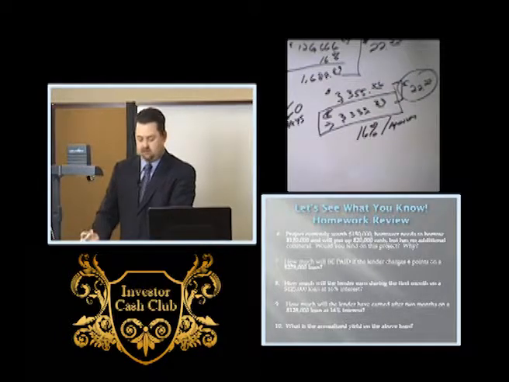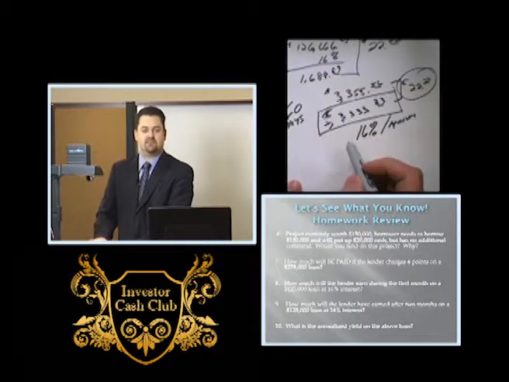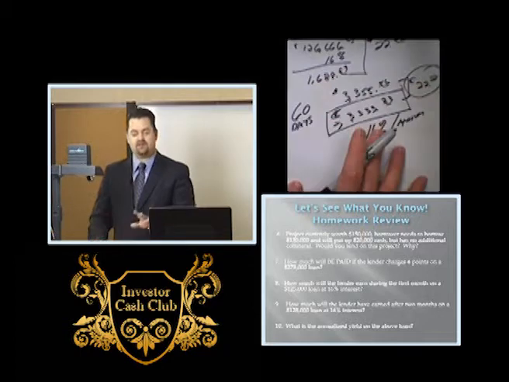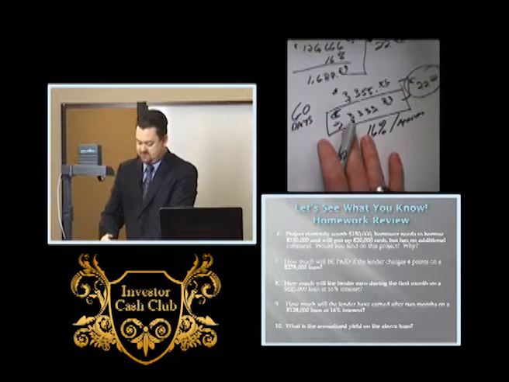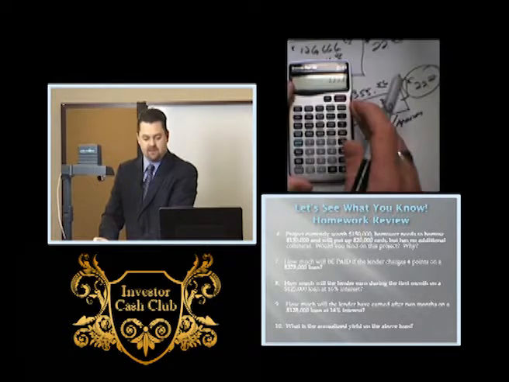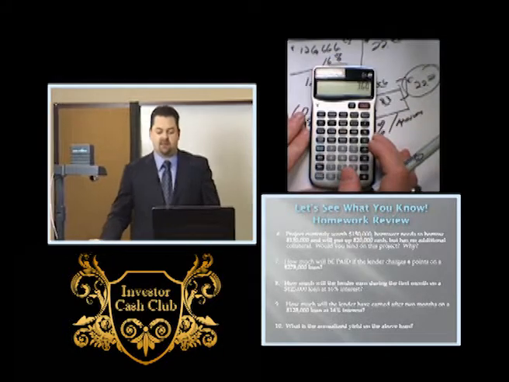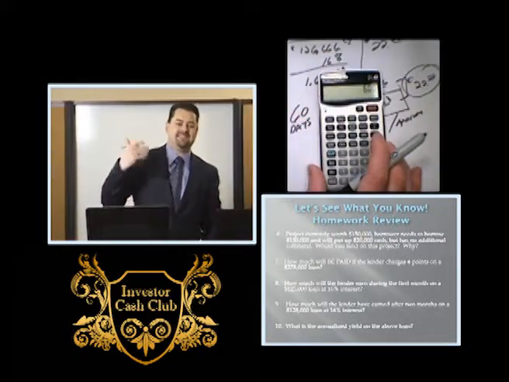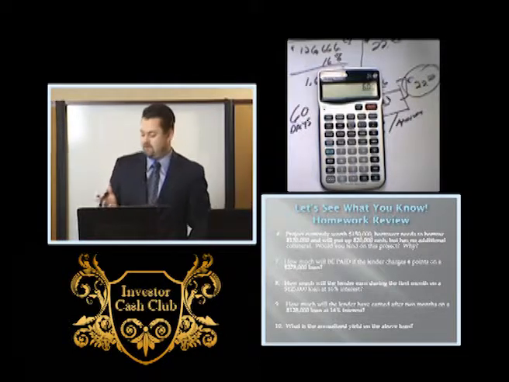To get the annualized yield, you have to determine how many times you can actually do this loan in a 12-month period of time. Now, if the loan is only 60 days, if you take 360, which is the financial calendar year, take 360, divide it by 60, what you get is 6. Now, what 6 represents is the number of times that 60 days happens in a 360-day calendar. I know, simple, right?